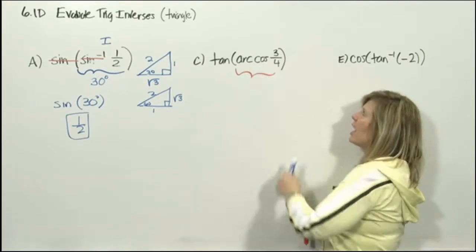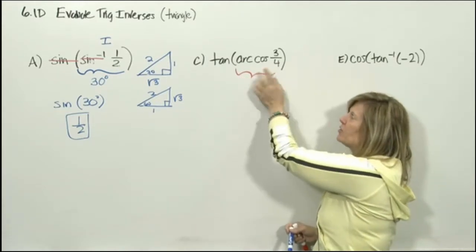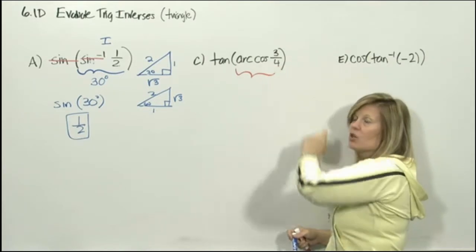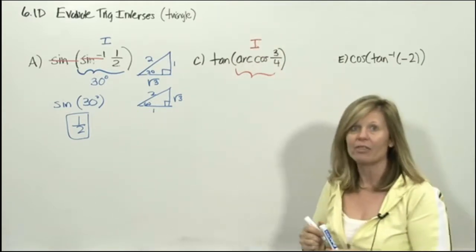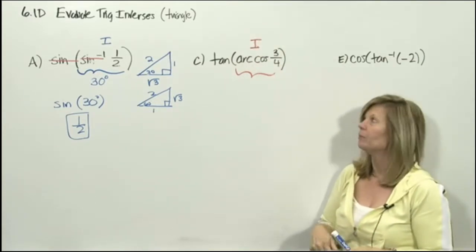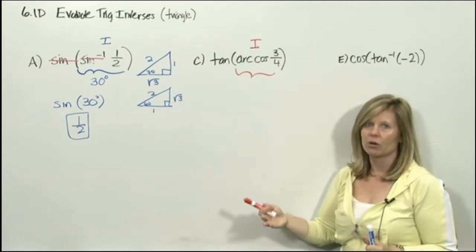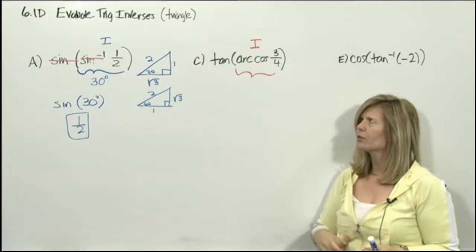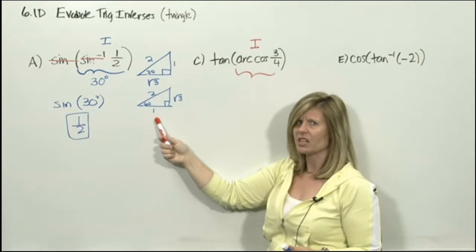So we start inside. I want an angle. How many degrees would the angle have to be to give me 3/4? Well, first of all, we know that this is positive, so what quadrant are we in? Very good. We're in quadrant 1. The angle measurement you're giving me is in quadrant 1. Can we look up the cosine of 3/4 on the unit circle? No. Can we look up the cosine value 3/4 on the 30 or on the 60?